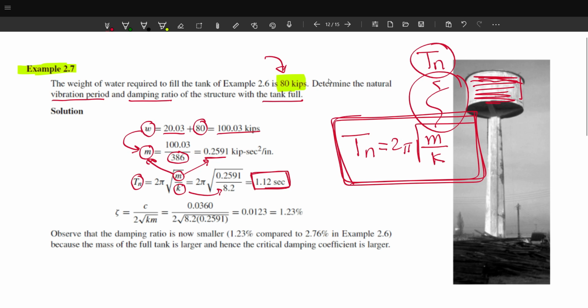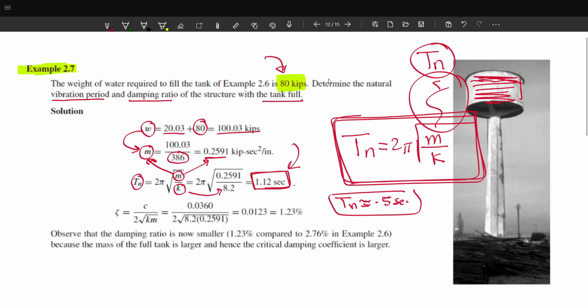Let's go back and see what was the value of this natural period in the previous example. Remember that Tn, do you remember? Tn was approximately 0.5 seconds, right? This means what?